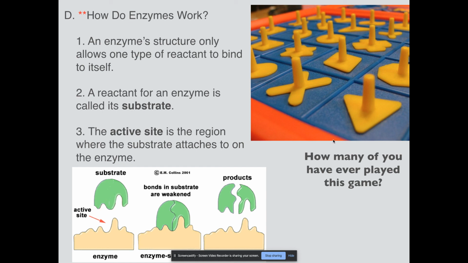So picture this little box as being an enzyme, and each one of these is a substrate, a different substrate that only fits in one of these boxes. So you can picture that the second it binds, like that little imprint, that would be the active site. When it binds to it, that would mean your enzyme's working and that you're able to do whatever you need to do, either breaking your stuff apart or building something.